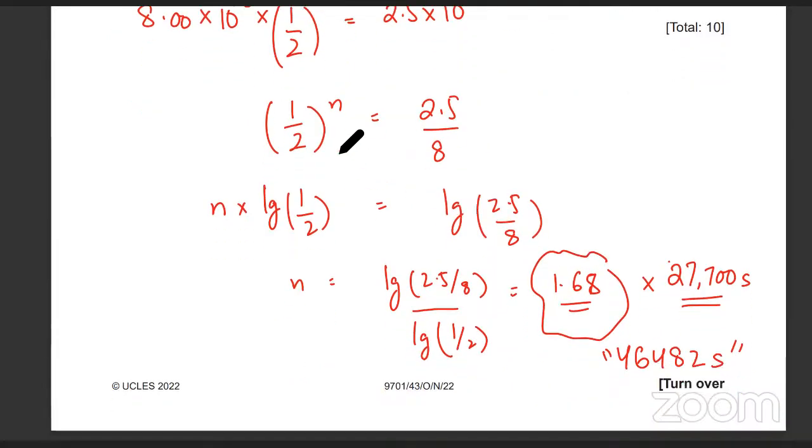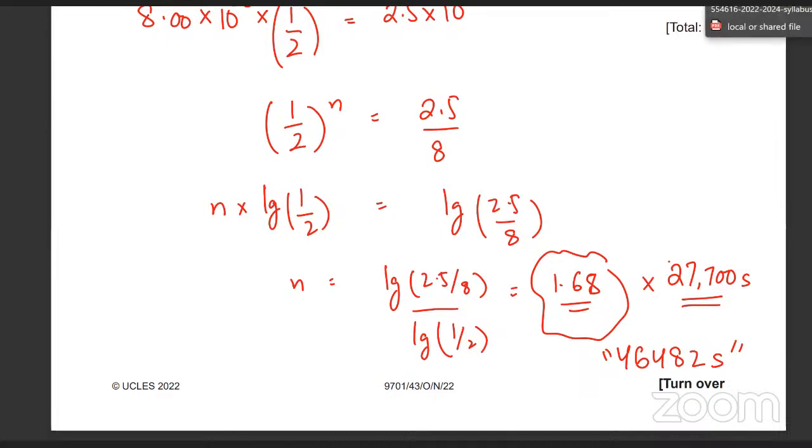You solved for it, got this expression, and then you did log. When you take log, the power becomes the coefficient, and you figured out 1.68. So it came out to be 1.68 half-lives. And if it's 1.68 half-lives, we know that one half-life is 27,700, and that's going to be our answer.